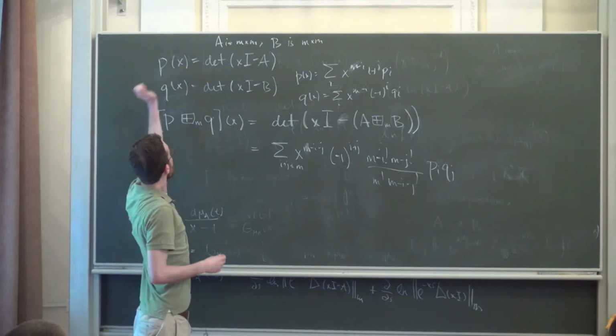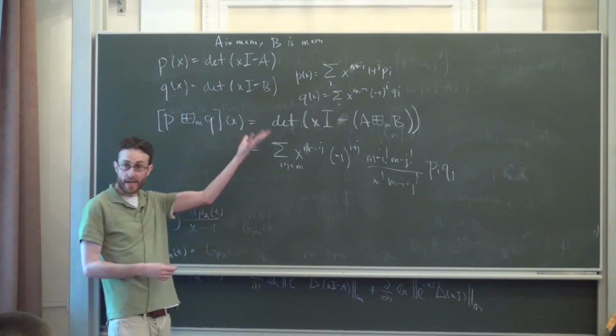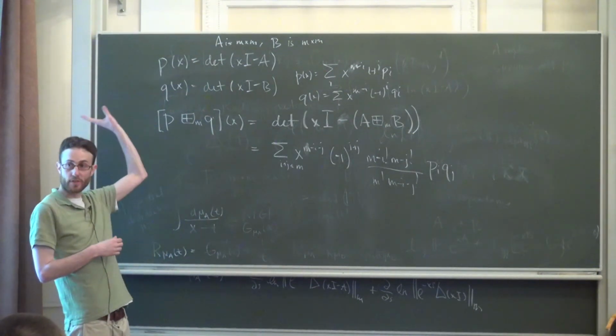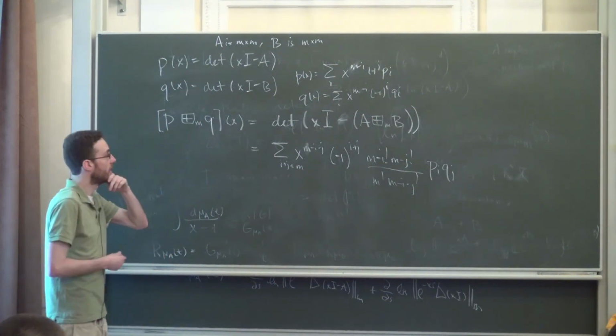So I now have this way of taking two polynomials and forming a new polynomial. The way that I got them was from turning this free probability into this operation.